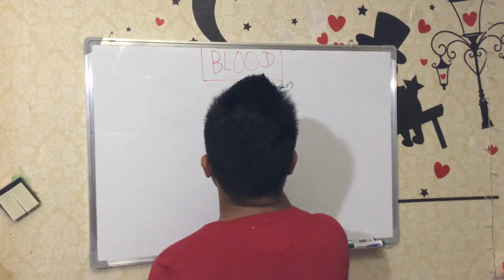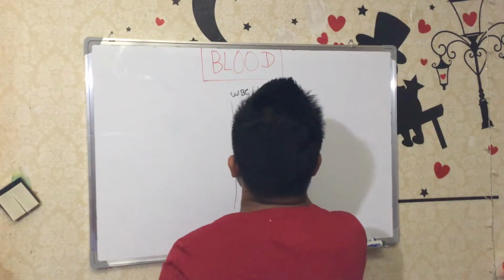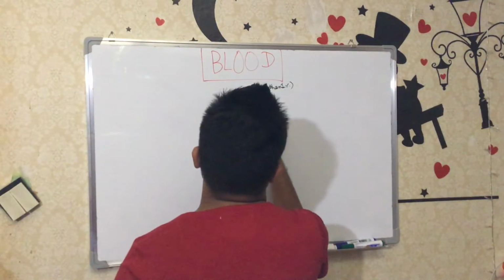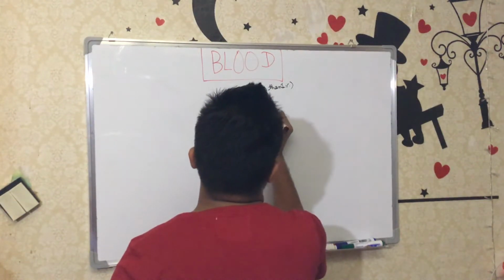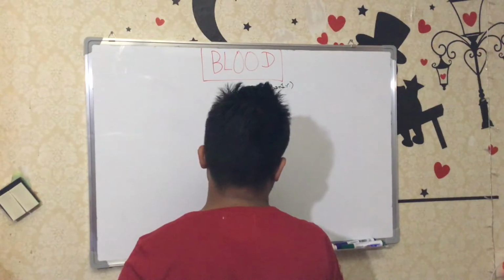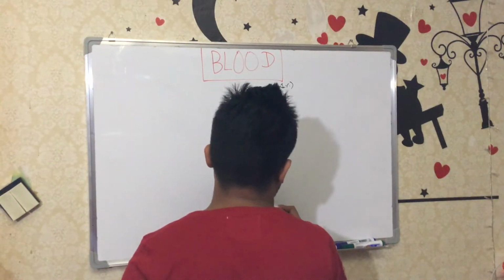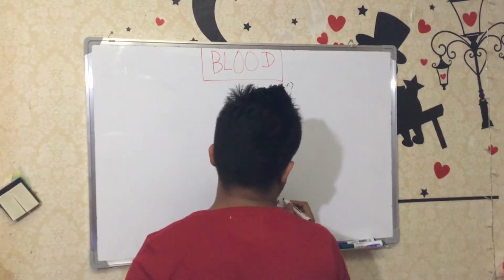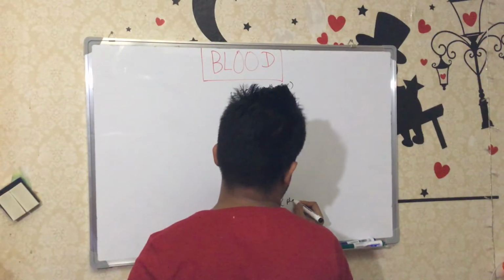And WBC includes leukocyte and thrombocyte. Thrombocyte, or we can say platelet.